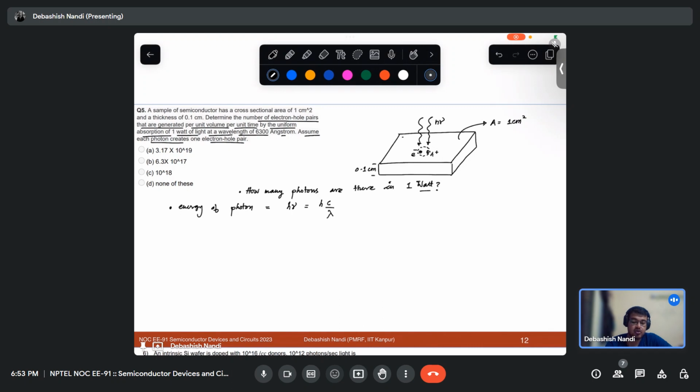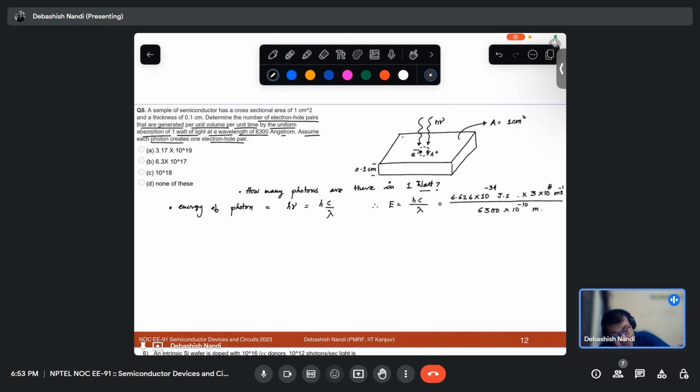What is the velocity of photon? 3 into 10 power 8 meter per second. What is the value of h? Joule second. Okay. Multiplied by 3 into 10 to the power 8 meter second inverse. Okay. Divide by lambda. What is lambda? 6300 angstrom. So 6300 into 10 to the power minus 10 meter.